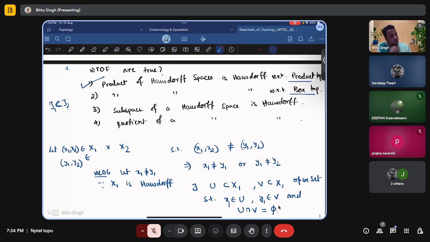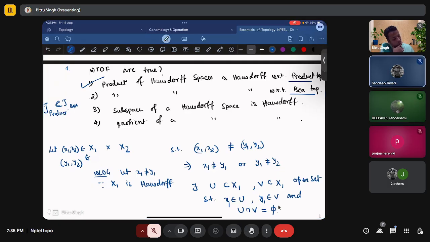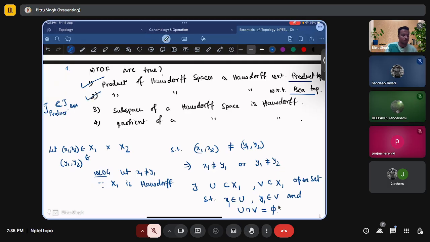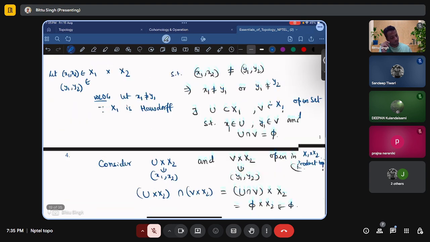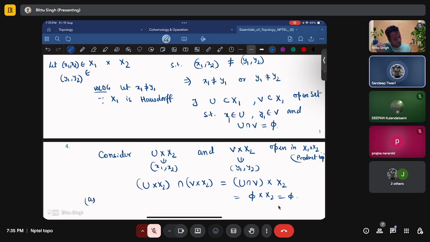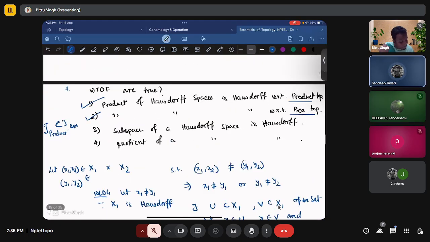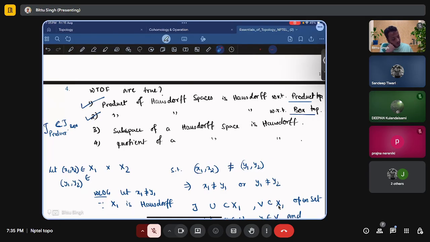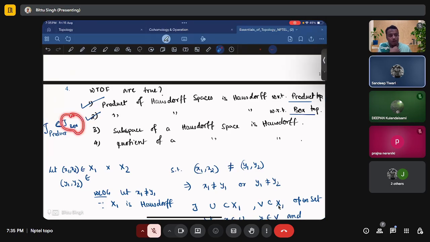Using that, we already know that the product topology is coarser than the box topology. So the first will imply the second. Second will imply first? No, the box topology is finer.